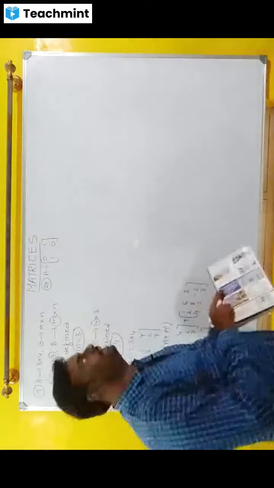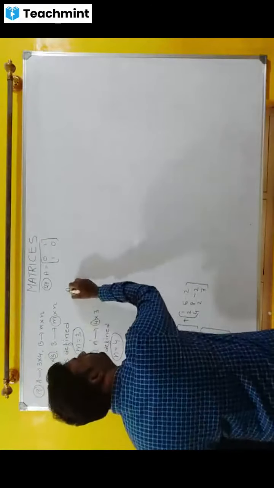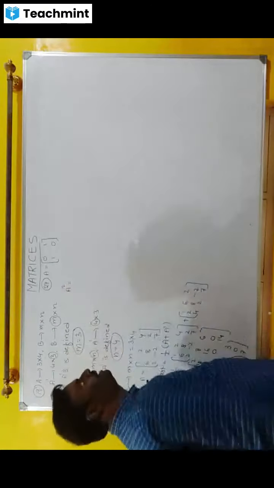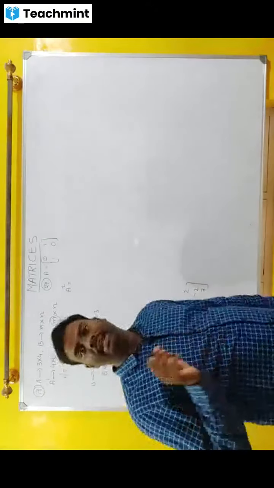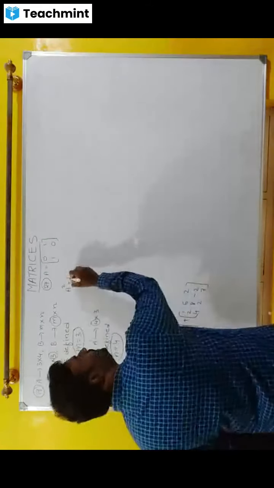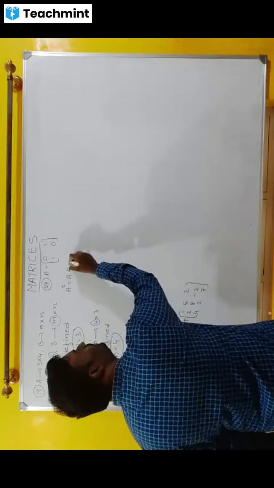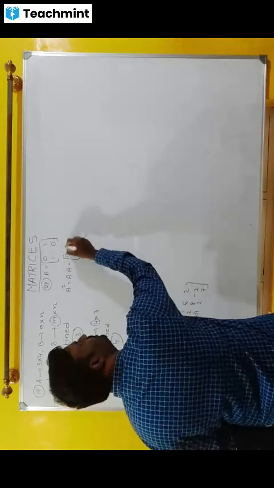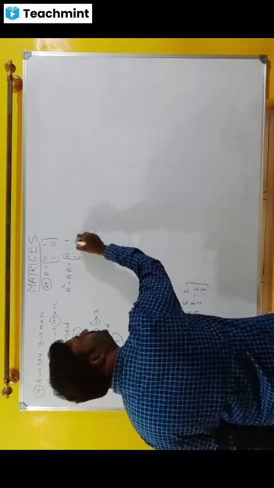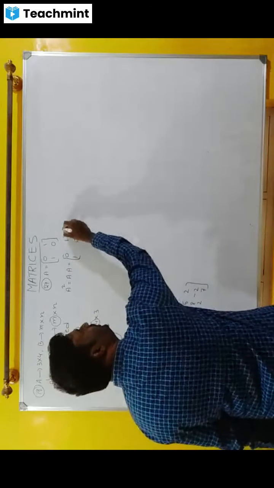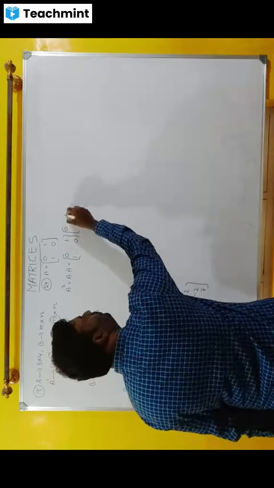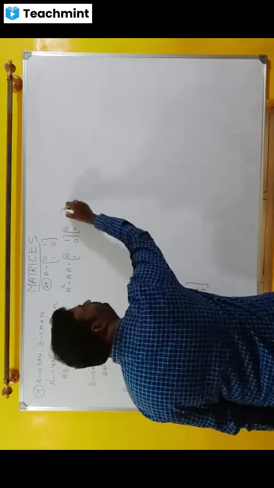We need to find the value of A square. A square can be written as A into A. A means 0, 1, 1, 0, into the same 0, 1, 1, 0.